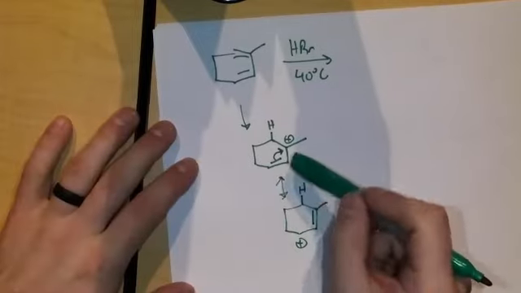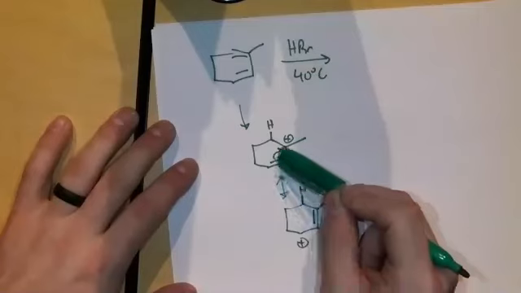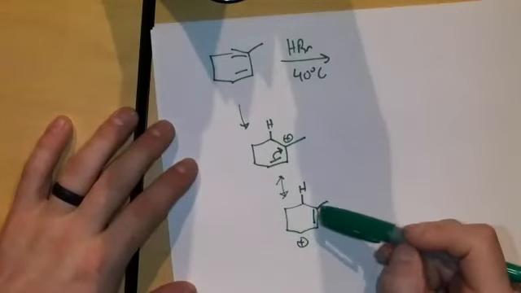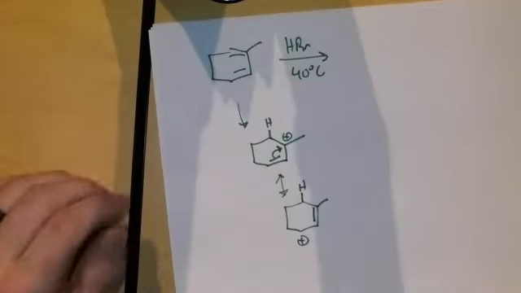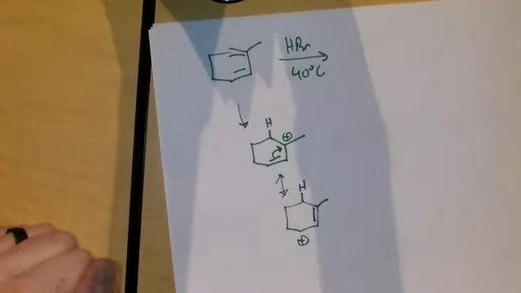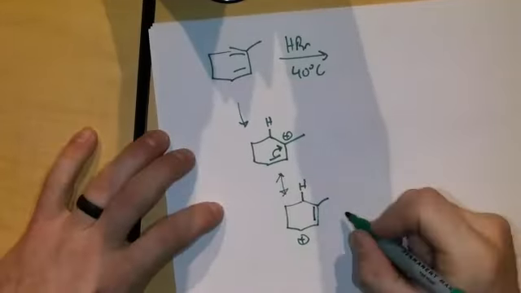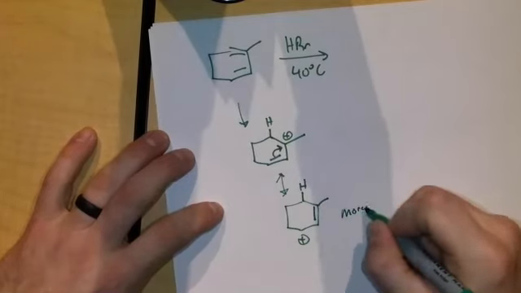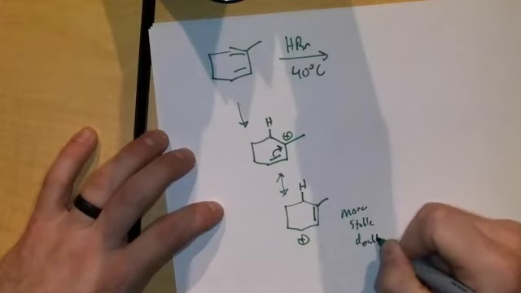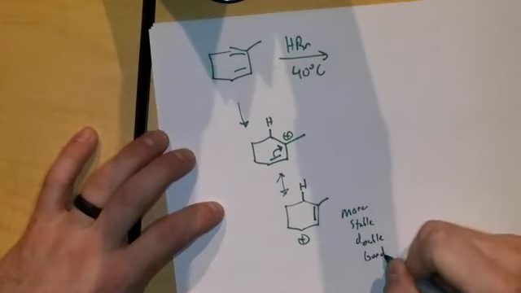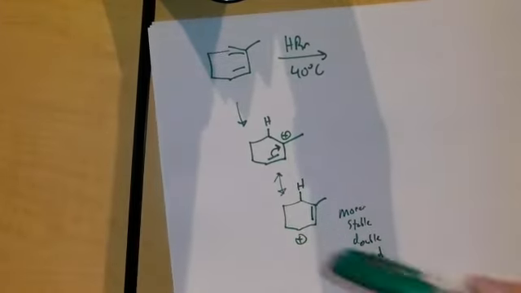So for this option here, we have a double bond with 2 substituents on it. For this one, we have a double bond with 3 actual substituents on it. That means this is our more stable double bond. And this is going to lead to our major product.